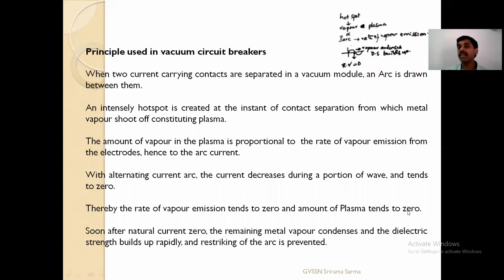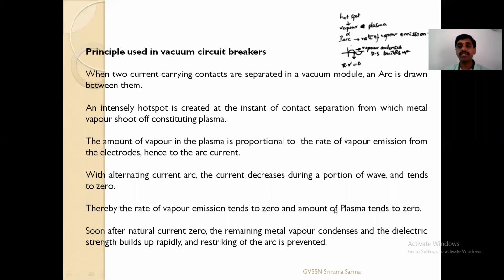Therefore, plasma tends to zero at this brief moment. Soon after current zero, the remaining metal vapor condenses and the dielectric strength builds up rapidly, and the restriking of the arc is prevented. So this is the principle behind a vacuum circuit breaker.